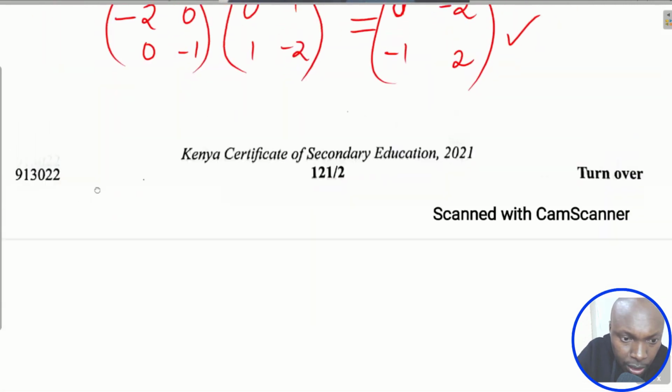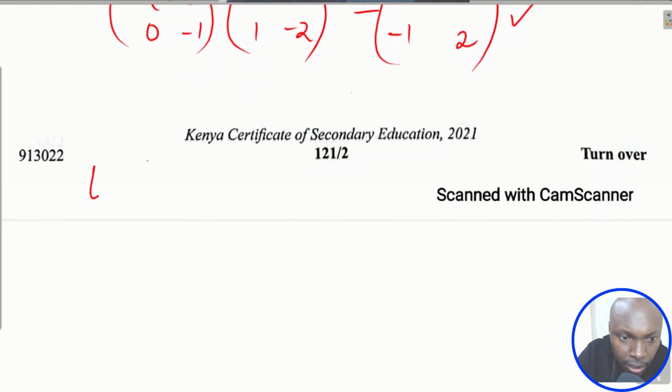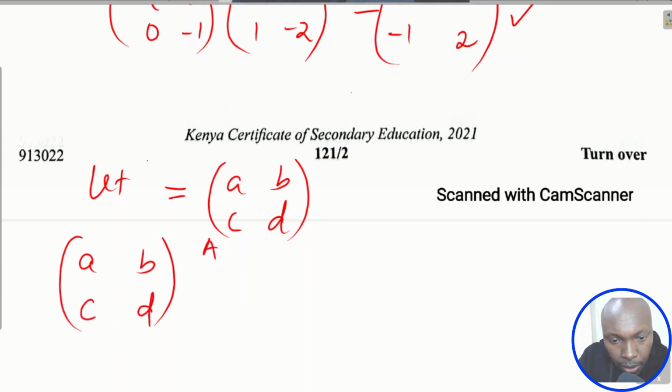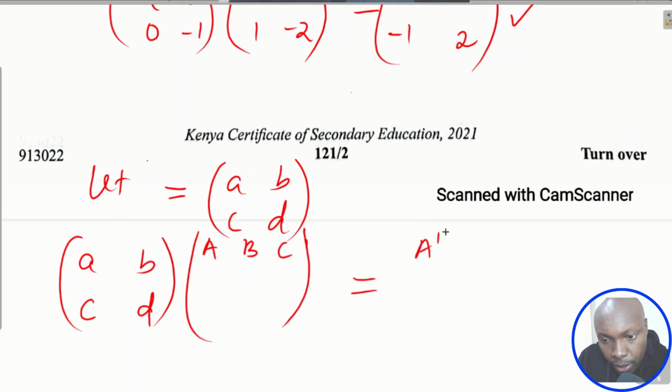So for method B, you are supposed to let the matrix be A, B, C, D. When you take A, B, C, D and multiply it with this triangle, this should give A double prime, B double prime, C double prime.